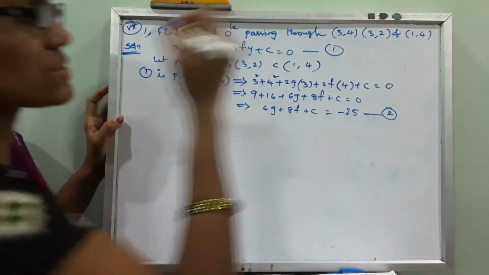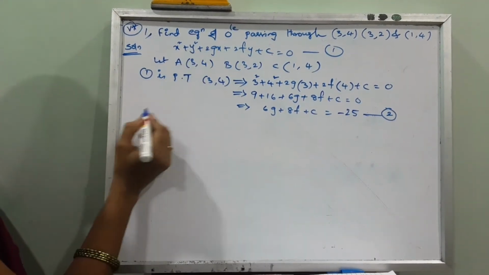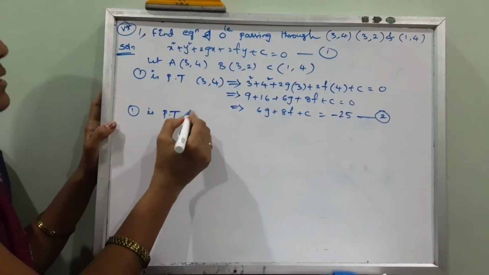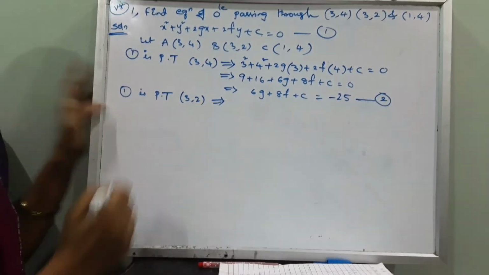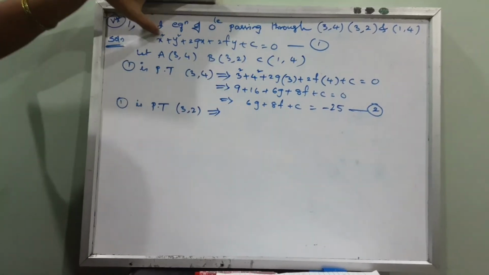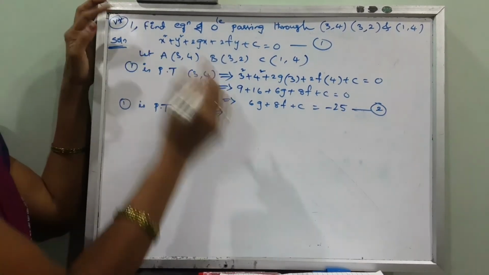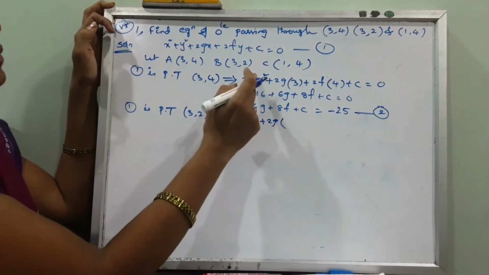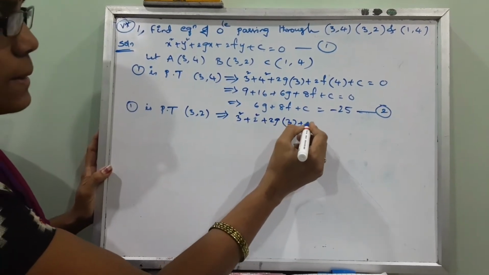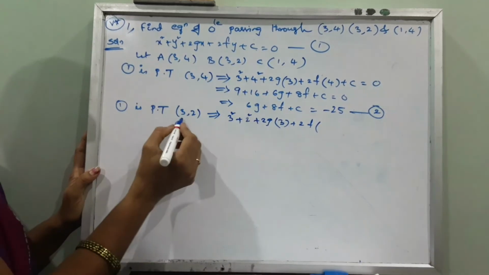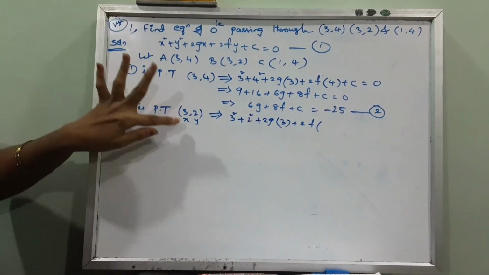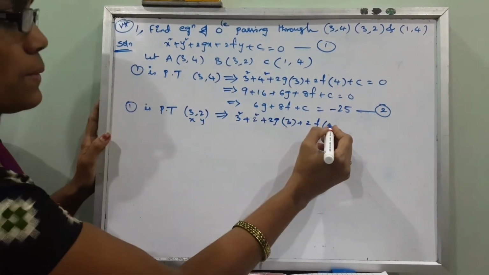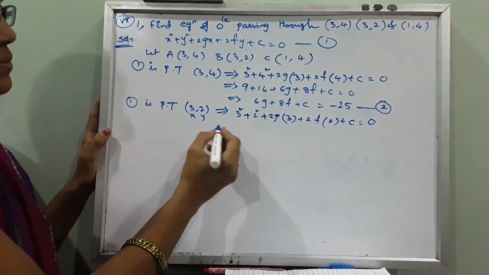Let us suppose this is equation 2. Again, same process. Equation 1 is passing through the second point (3, 2). Substitute x equal to 3 and y equal to 2 here. x square plus y square plus 2g into 3 plus 2f into 2 plus c is equal to 0.